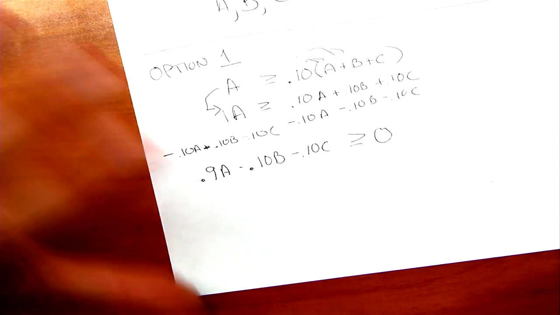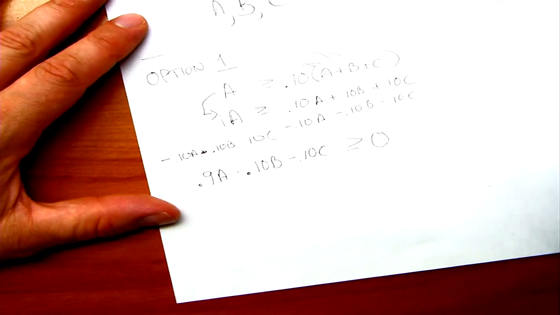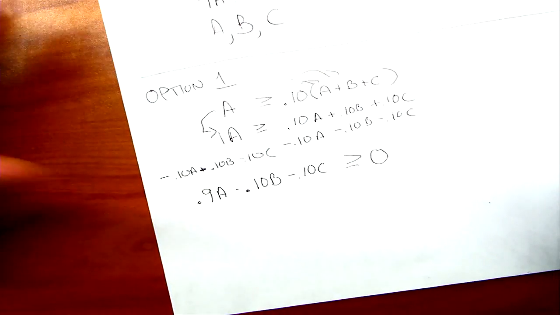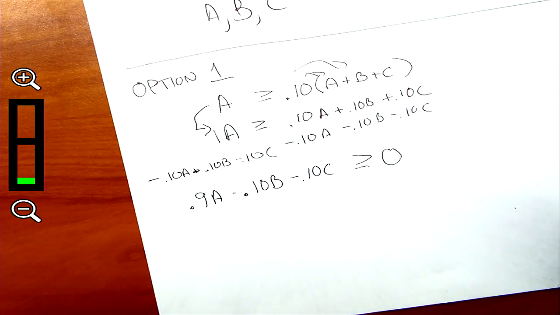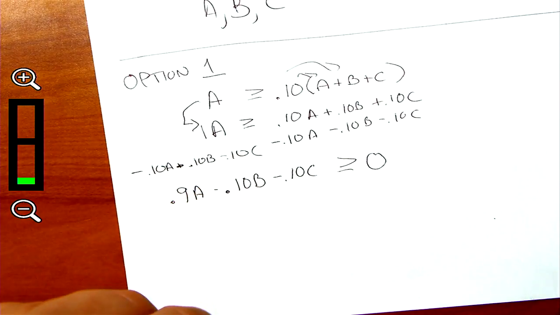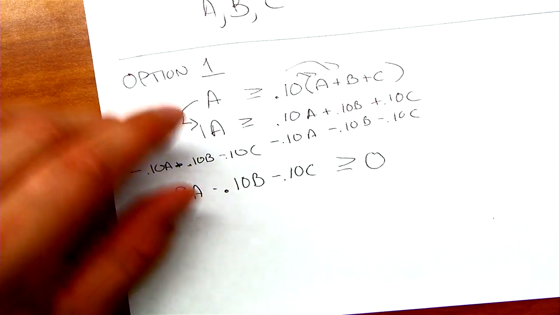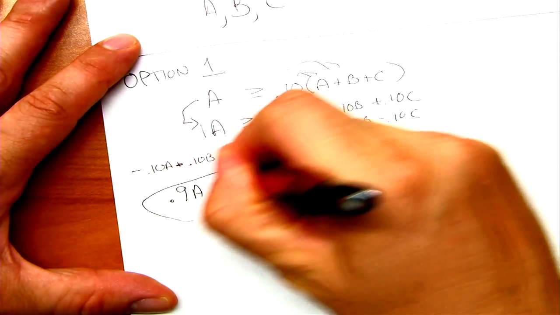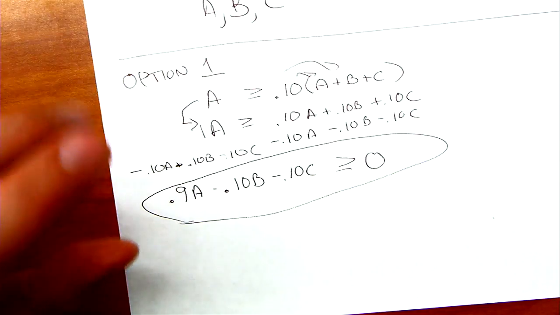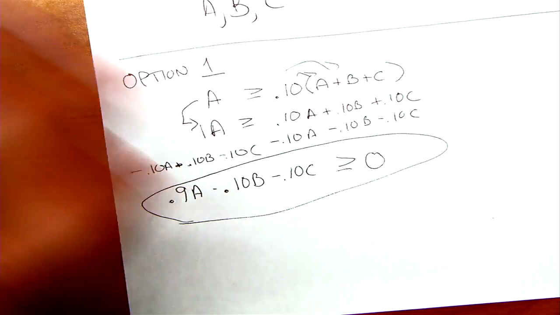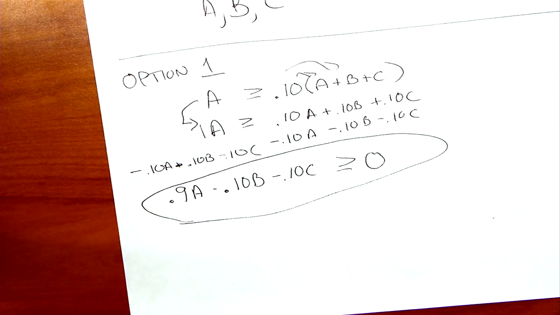So what we just mathematically modeled there is we're trying to say that at least 10% of production has to be in A, whatever A is. And mathematically, that will do it. Okay? That will model that.